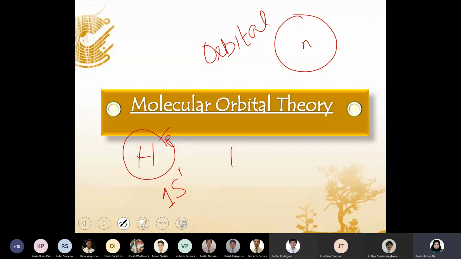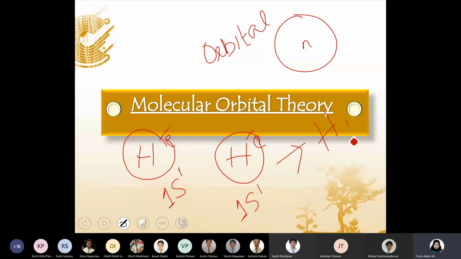If you have one more hydrogen atom, again with one electron, again the electronic configuration is 1s1. When these two hydrogen atoms join to form an H2 molecule, hydrogen molecule, these atomic orbitals also combine, and what you are getting is known as a molecular orbital.